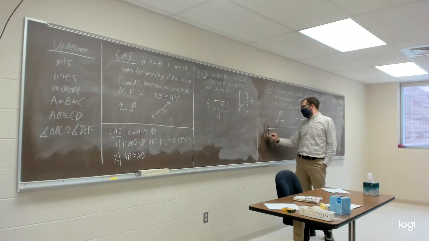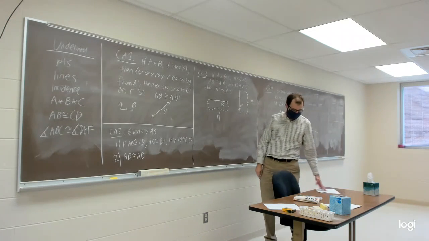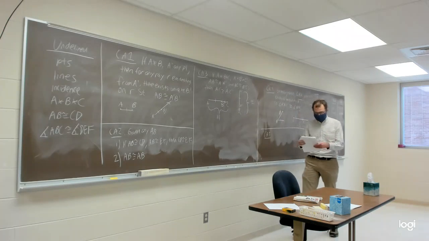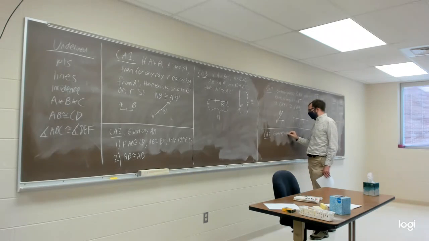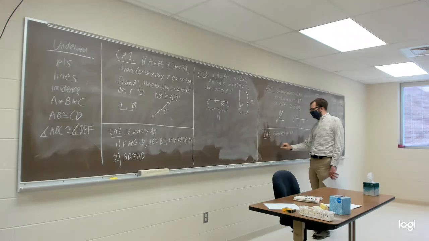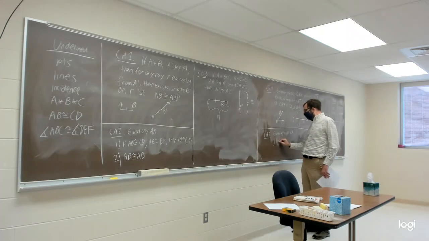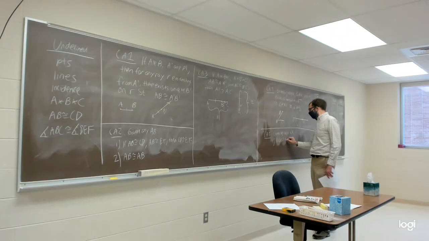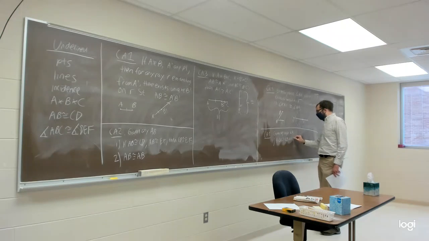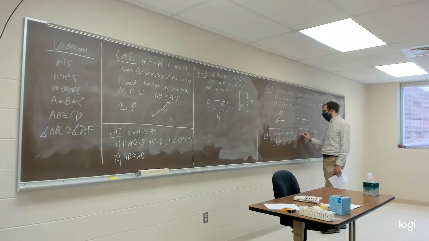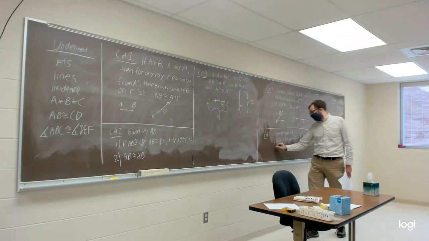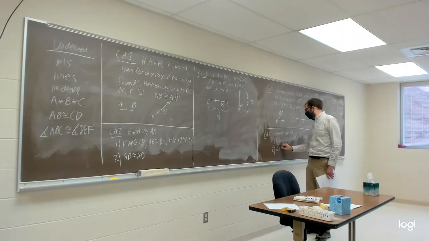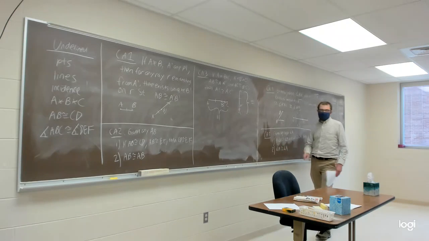All right, Congruence Axiom 5. Take Congruence Axiom 2, replace segments with angles. Given any angle, let's call it angle A. If angle A is congruent to angle B, and angle A is also congruent to angle C, then angle B is congruent to angle C, and angle A is congruent to itself.